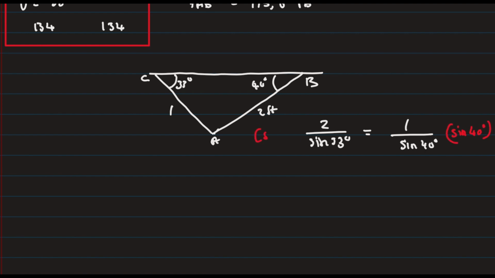Those two will cancel out, and then we have sine 40 multiplied by 2 over sine 33. And we found out that the length of cord AC is equal to 2.36 feet. And that's it.